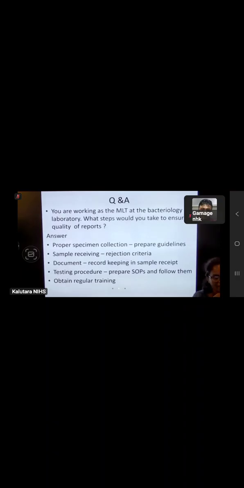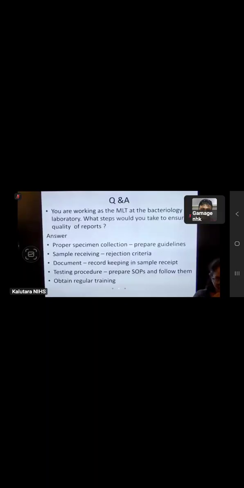When receiving a specimen, rejection criteria is very important. When receiving a sample, you have to keep records of sample receipt. And then the testing procedure. Now we come to the analytical phase. What can we do to ensure the quality of your result?